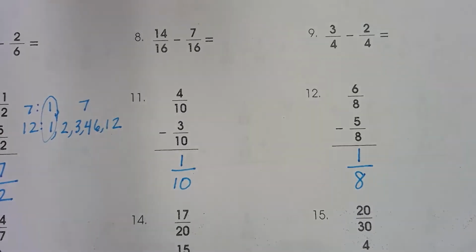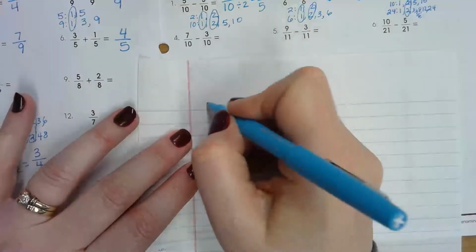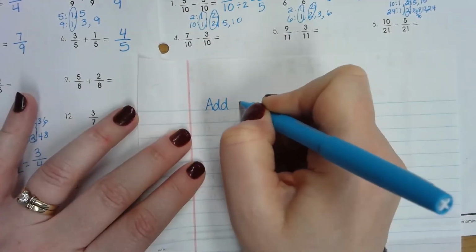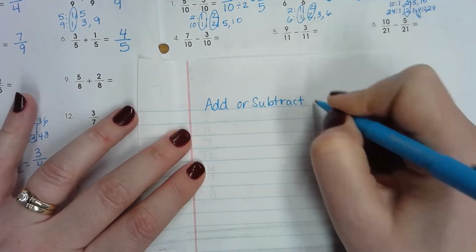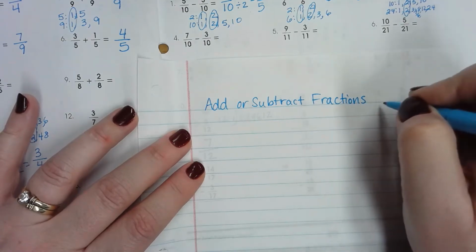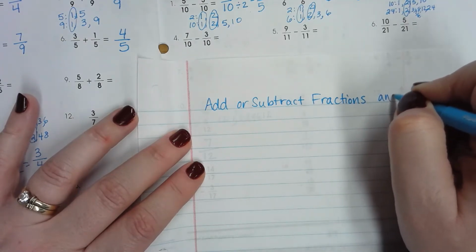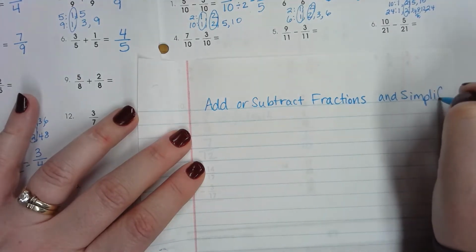Okay. What I'd like you to try today is I want you to try a few problems on lined paper for me. Okay. I want you to add or subtract fractions and simplify. Okay, I want the simplest form of your answer.